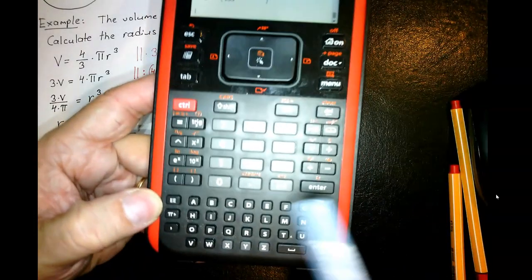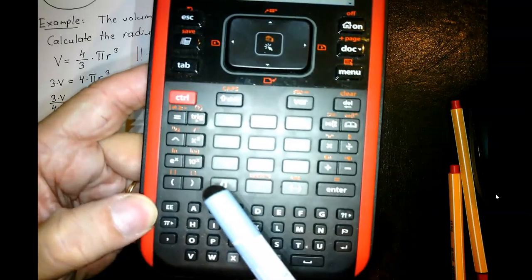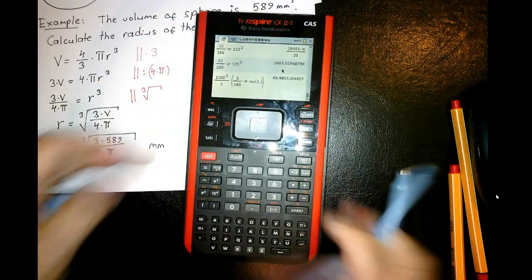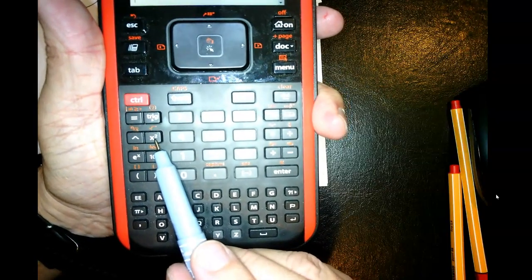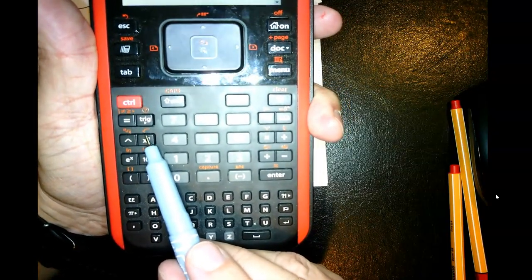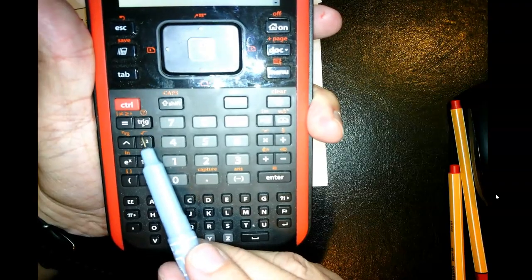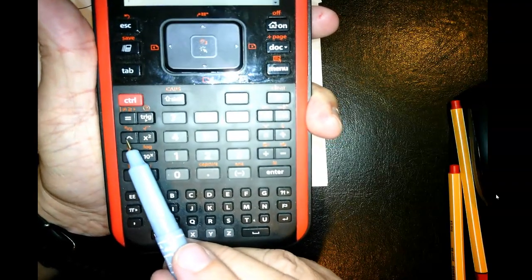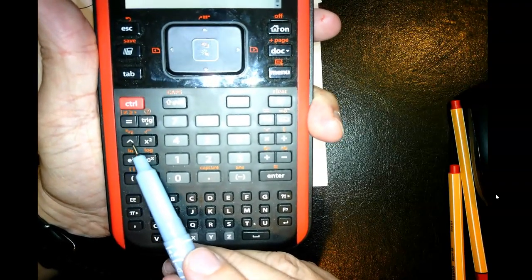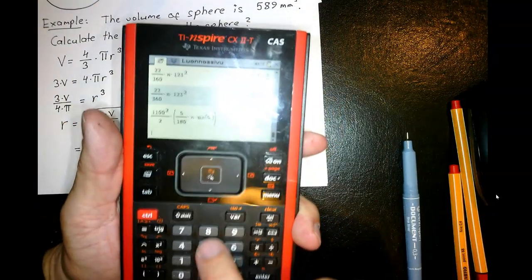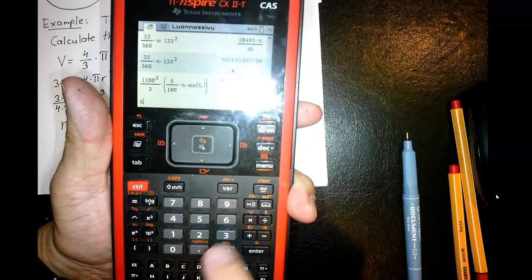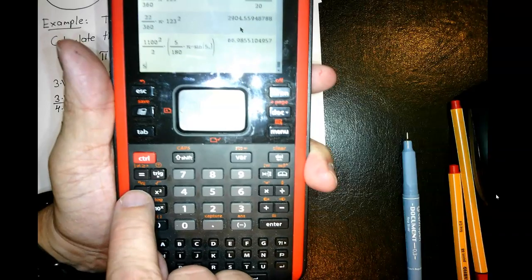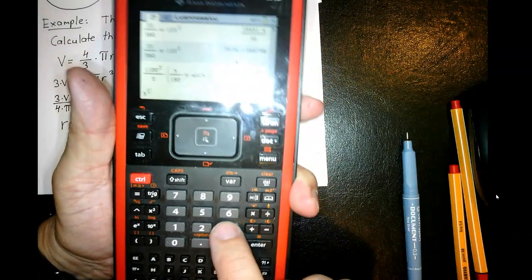Here I have, maybe you can't see it, this second power button, and in the same button there is this square root. And this button here means any exponent. For example, if I want to calculate 5 raised to the power of 3, I will use that button and then exponent 3.